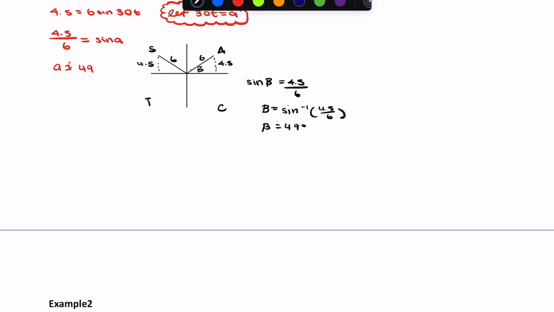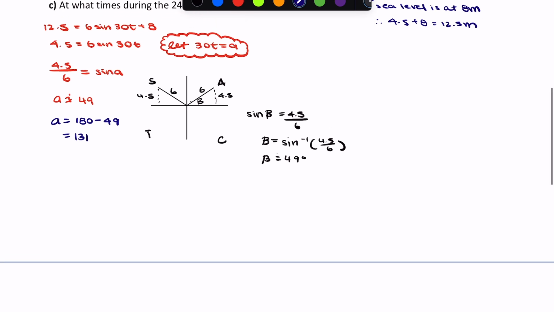So now that we know that our beta is 49 degrees, that would be in quadrant number 1, but we also have to see it in quadrant number 2. So here we also take a is equal to 180 minus 49, and so here a can also equal 131. What we have to do here is, since we let 30t is equal to a, we have to sub that back in.